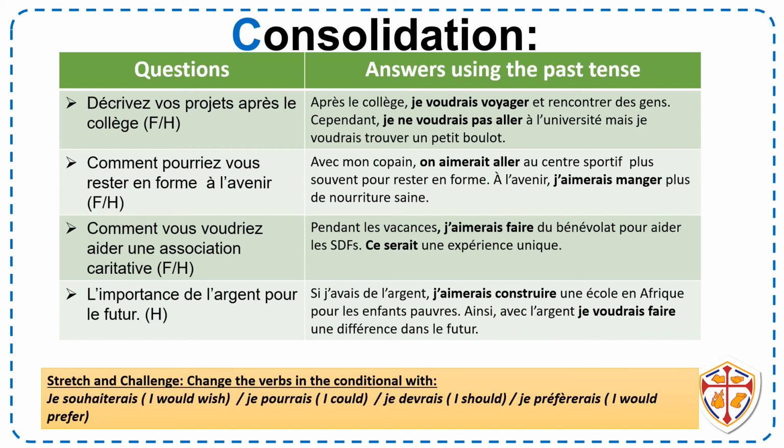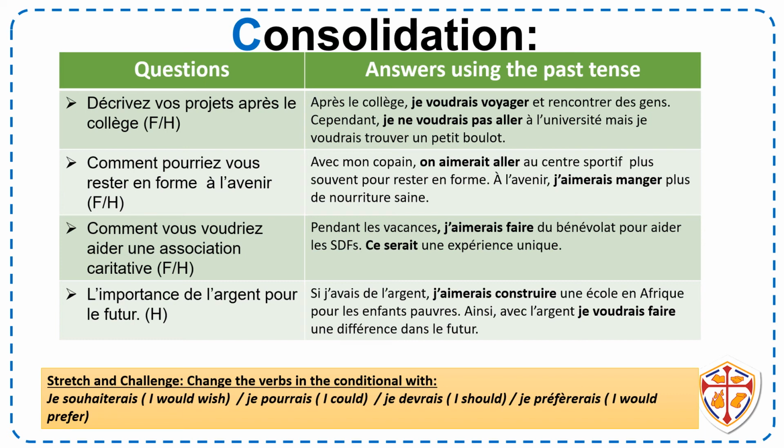The last question is a higher question. In the answer, you can see that I have used "Si j'avais de l'argent, j'aimerais construire une école en Afrique." This is using a si clause, which shows that it is a complex one.